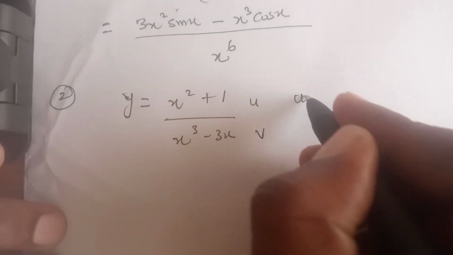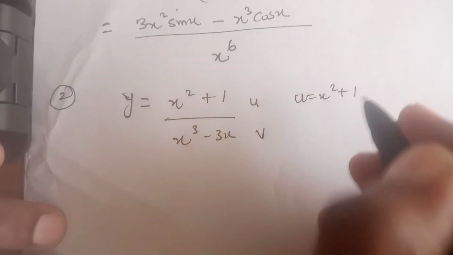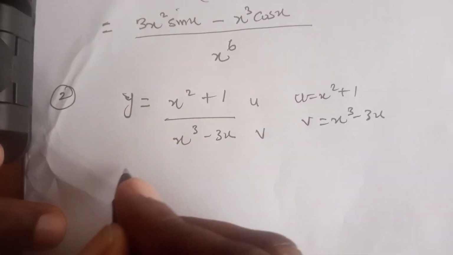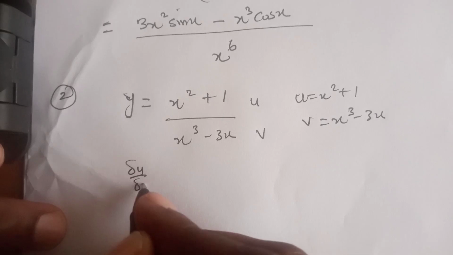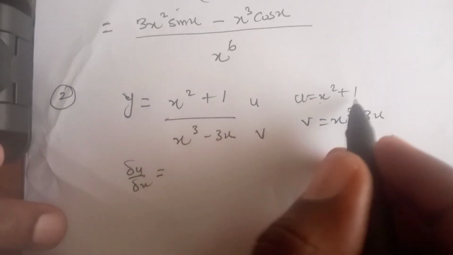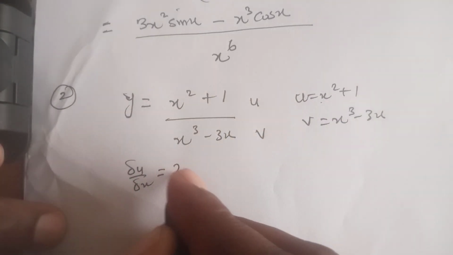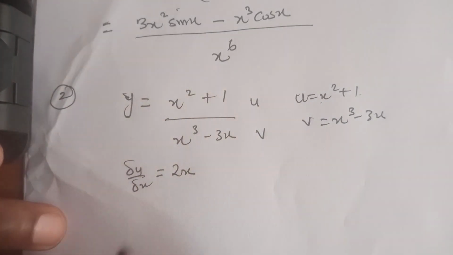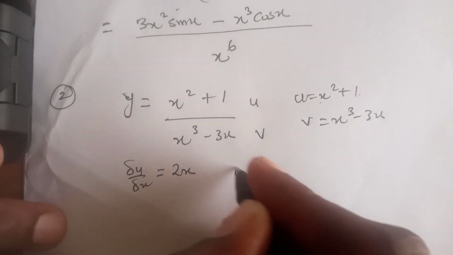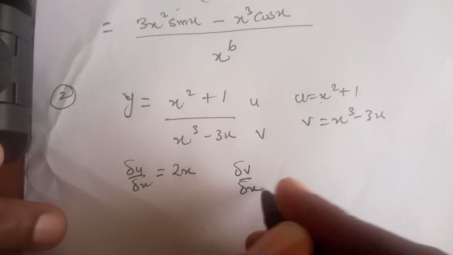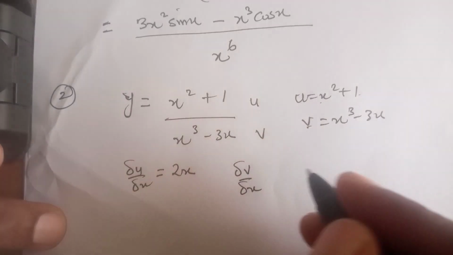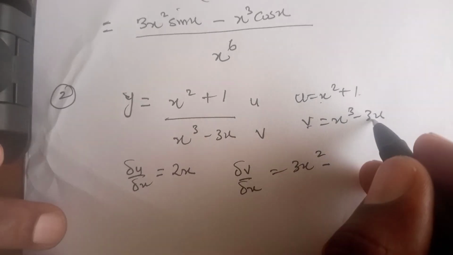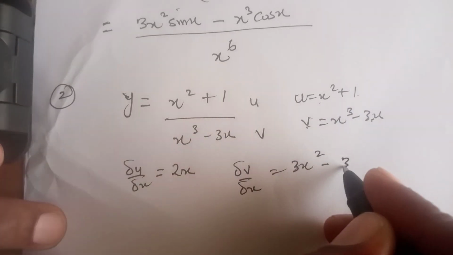So u equals x squared plus 1 and v equals x cubed minus 3x. So du dx equals, differentiation of this is what? 2x, because this is constant, so it will go to 0. And for dv dx, we'll differentiate v with respect to x. We'll have 3x squared minus, if you differentiate 3x, what's the answer? 3.